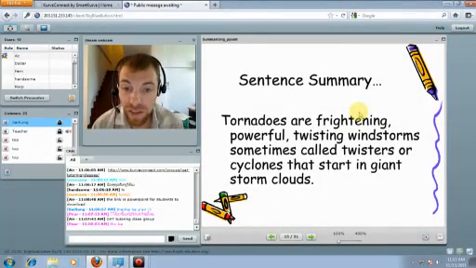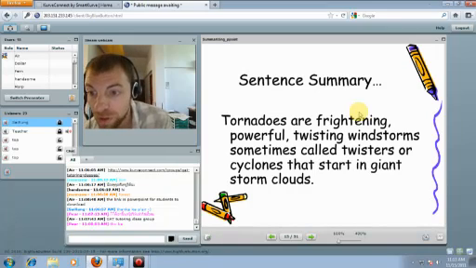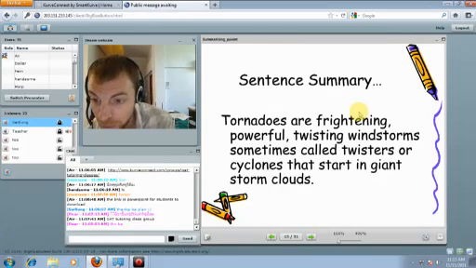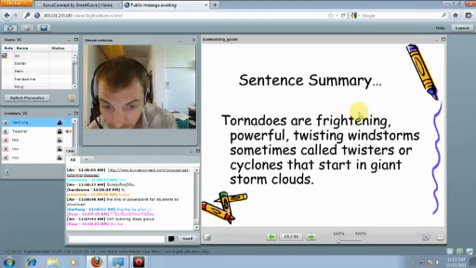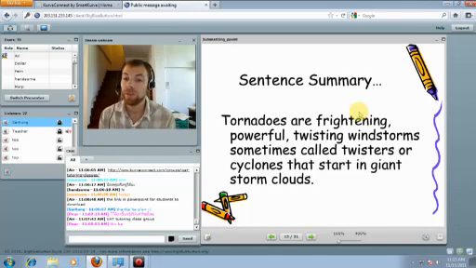Next one, our sentence summary. So tornadoes are frightening, powerful, twisting windstorms, sometimes called twisters or cyclones, that start in giant storm clouds.